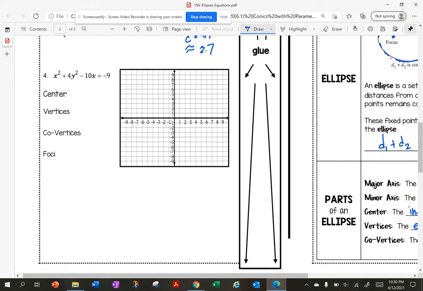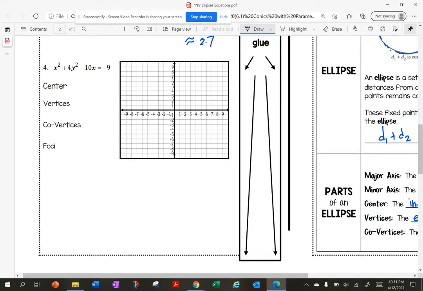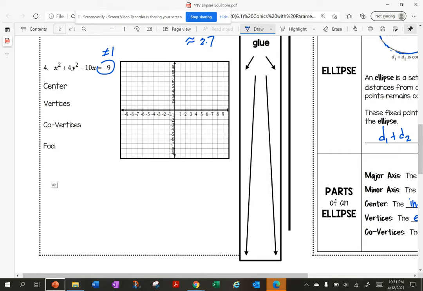Okay, last example. It does not equal 1, so I first need to complete the square on this one. So I'm going to do x squared minus 10x plus something, plus y squared, equals negative 9 plus something.